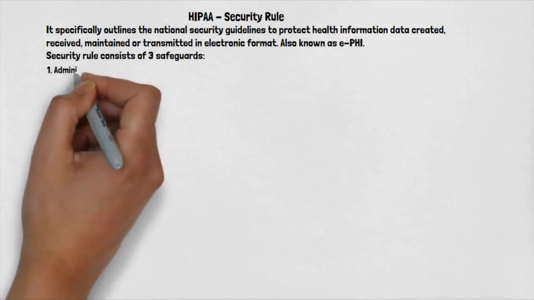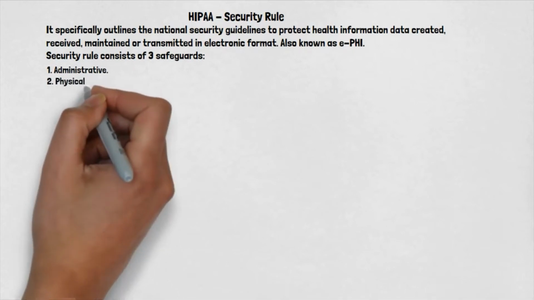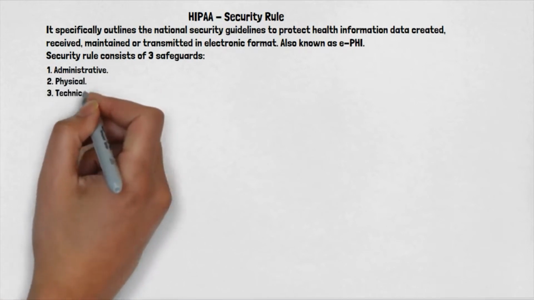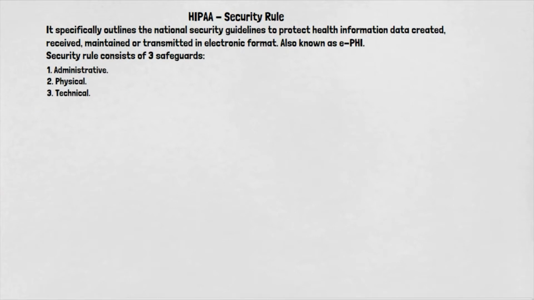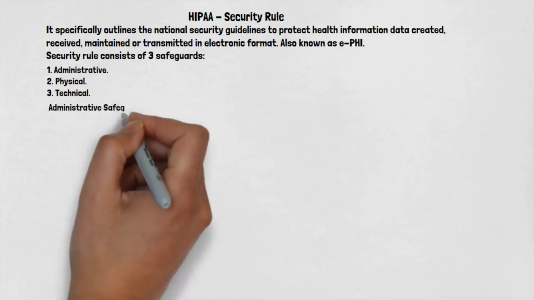The Security Rule consists of three safeguards. The first one is administrative, the second one is physical, and the third one is technical. Now coming to administrative safeguards.